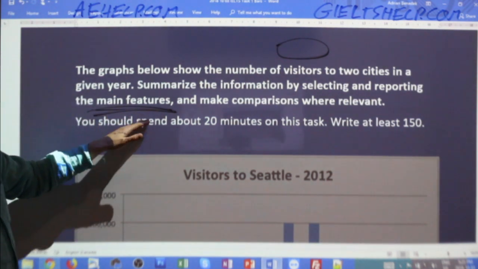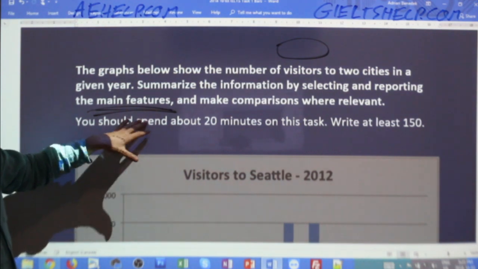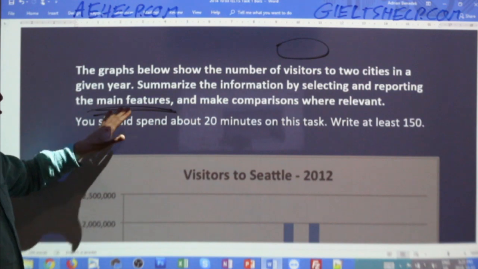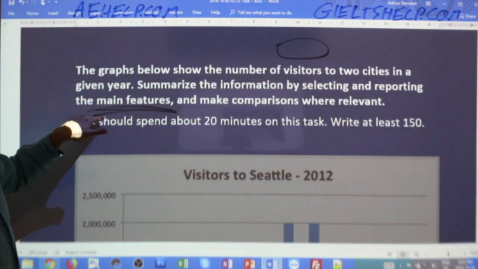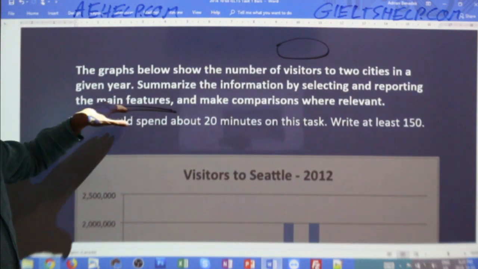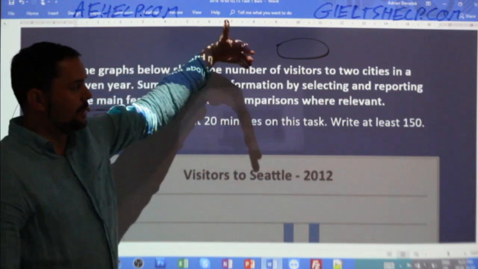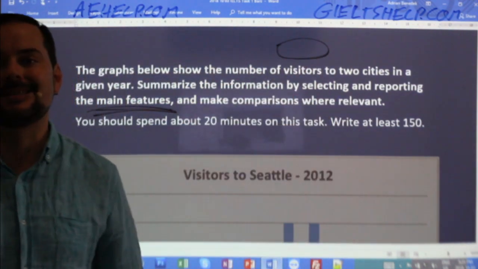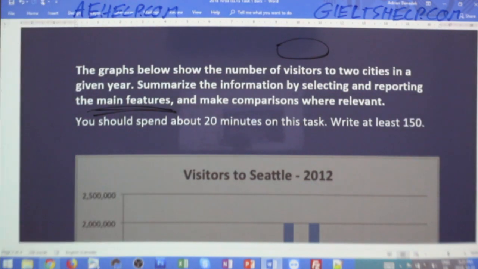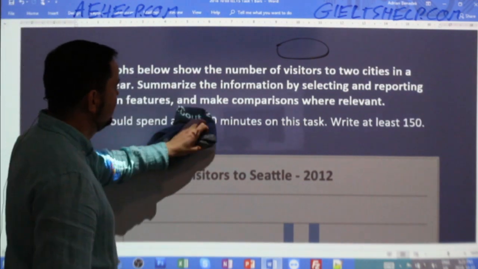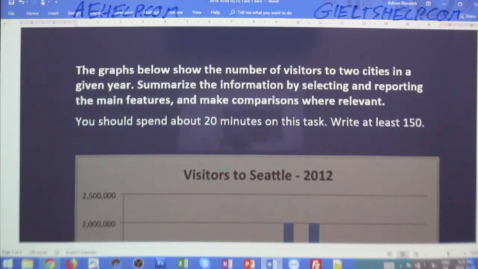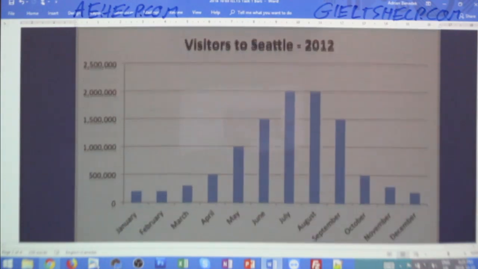Usually the graphs, charts, diagrams contain a lot of information, more than most people can explain in 20 minutes. So you're focusing on the main features first. Go from the most important to the least important. That way you don't miss out, okay? All right, so identify those main features, your points of comparison, and then step by step go through them, okay?